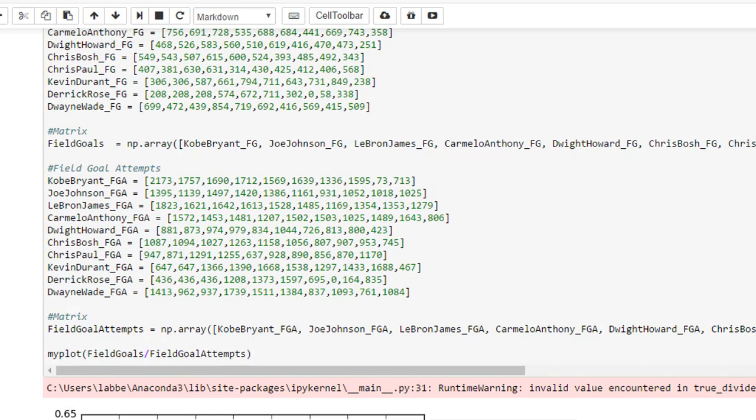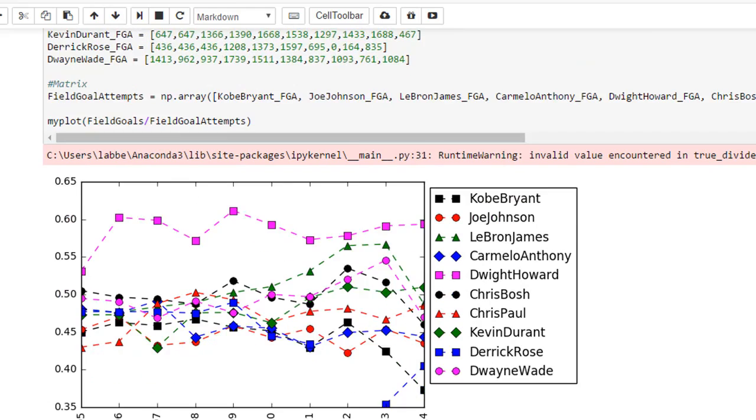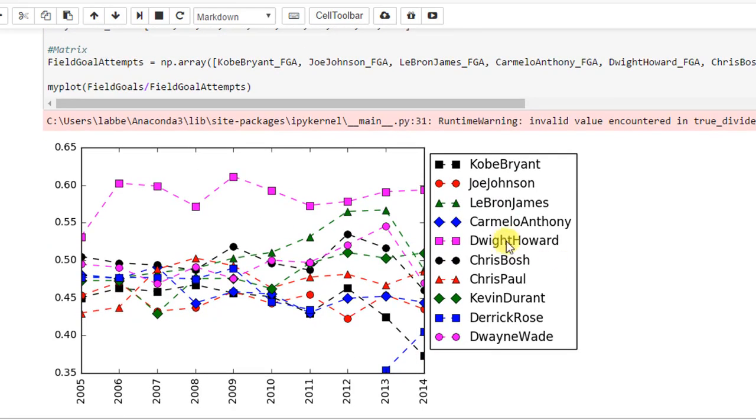To remember Dwight Howard's performance, let's see: a very high performance, not close to 1, but higher than the other players, and definitely closer to 1 than to 0. And what could explain this behavior?